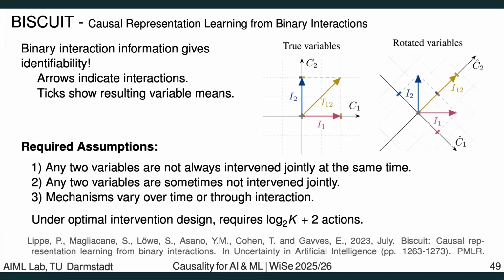And the third thing is that mechanisms basically vary over time through interactions. That means every one of those mechanisms is somehow affected by my interactions, so I don't have a mechanism which is never changed, like some constant mechanism we discussed in the beginning, where I never see an interaction, because if I never see an interaction, I cannot assign any cause or effect to it.